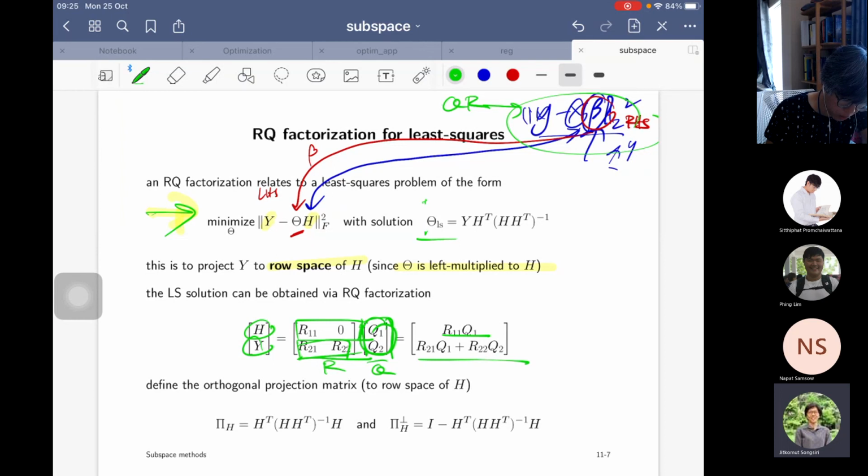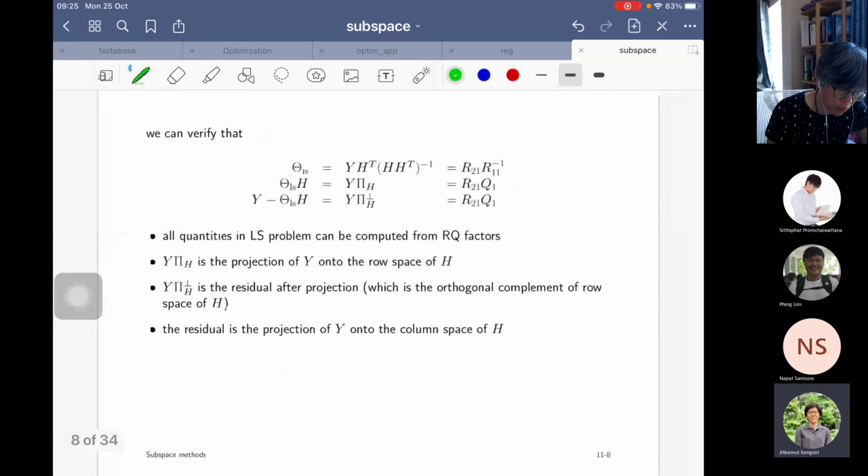Now if you associate with the concept that your Y hat, which is theta hat times H, is going to be a projection of Y to the row space of H. So here we define the orthogonal projection associated with the matrix H, and you get pi perp here.